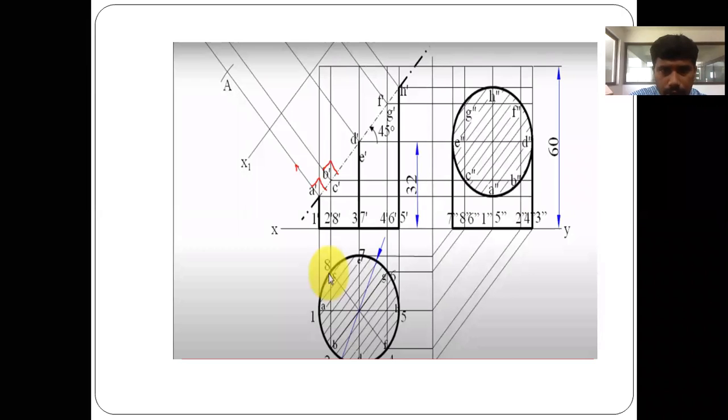So this is the auxiliary plane, which is parallel to your cutting plane, and you have to project the lines in such a way that they are perpendicular to your cutting plane. We'll be generating the lines which are perpendicular.